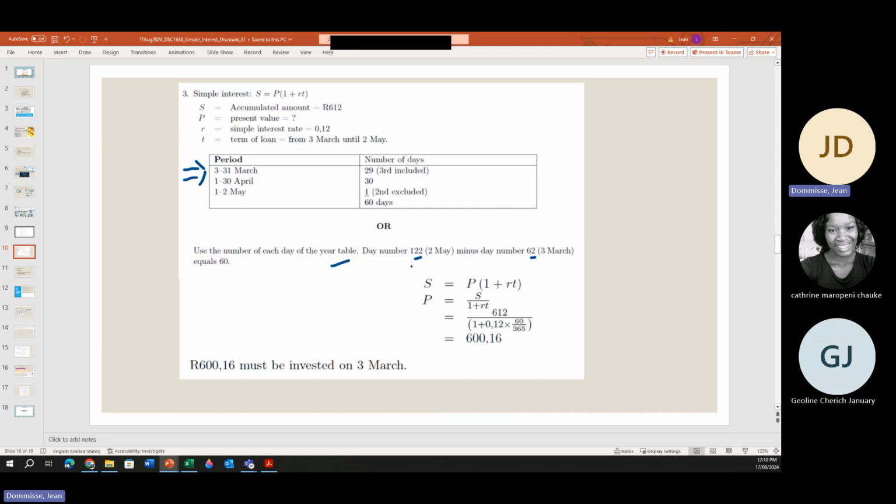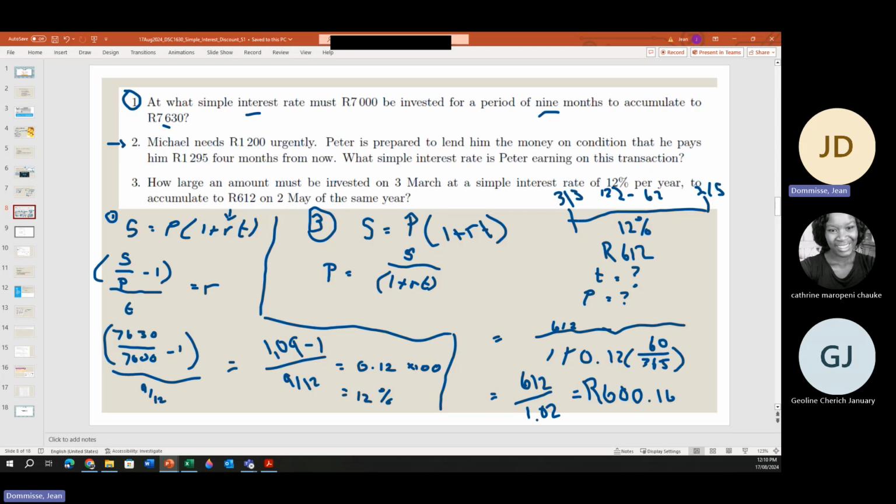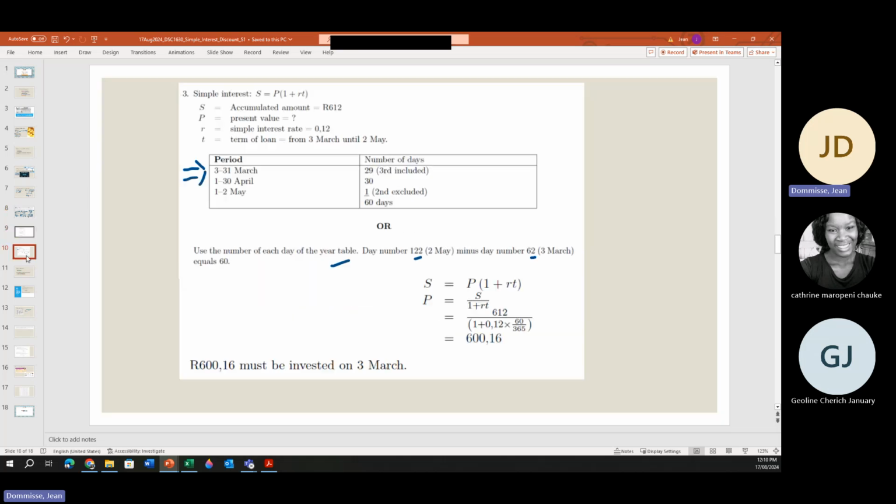So when it is counting days, I would go to the table, find the end date and the beginning date, and subtract the two, and from there work out what is needed. They have shown both, but please, I would use the second option of just looking at the table and subtracting the two. Okay, so that is a way to work out simple interest.